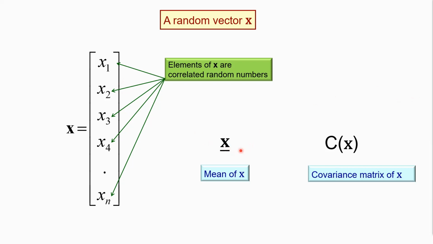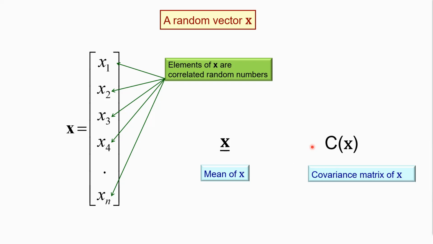Each element of this vector here, and I'm using an underscore to denote mean, each element of the mean of x is the mean of the respective element. The covariance matrix of x is an n by n square matrix. If x has n elements, Cx is an n by n matrix.